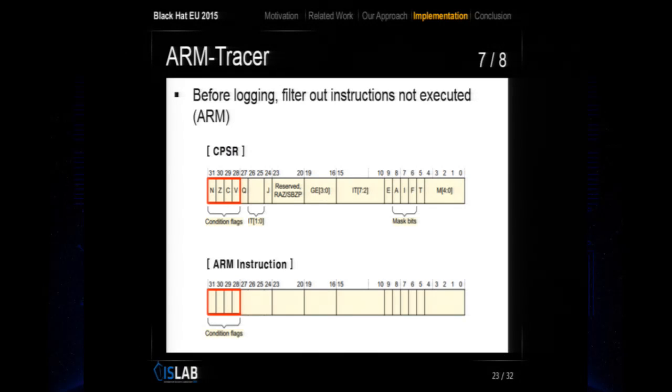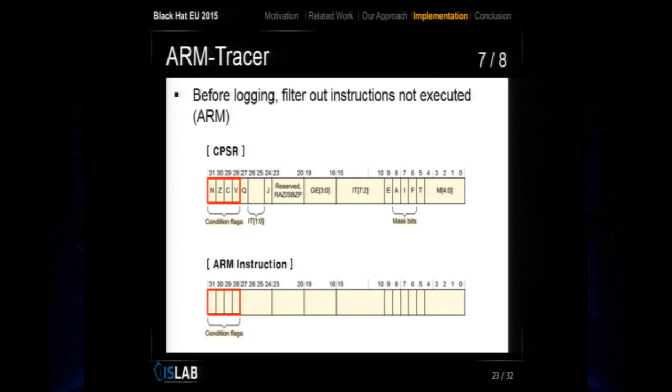Unlike Intel architecture, all the ARM state instructions have condition flags. So the instruction is always fetched and executed. If it does not meet the specified condition of CPSR, the instruction is replaced by the processor with the no operation code before being executed.